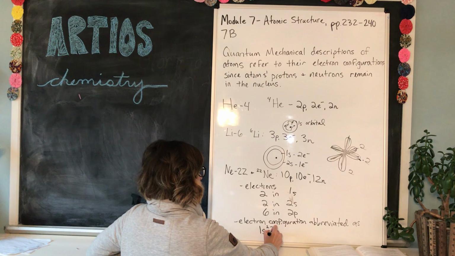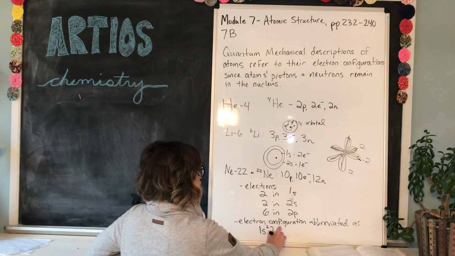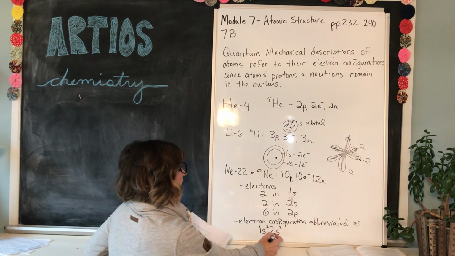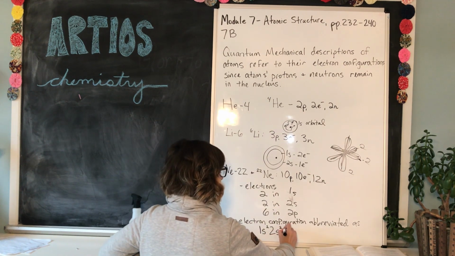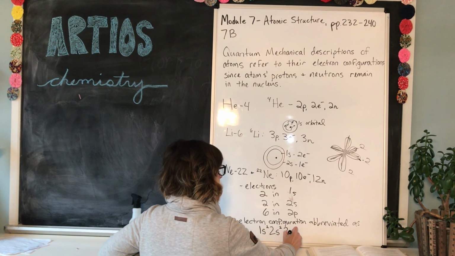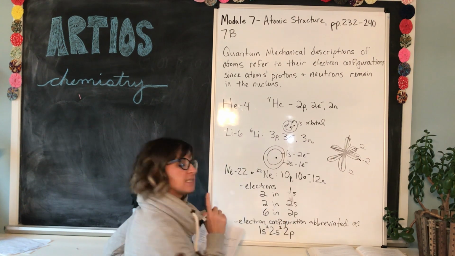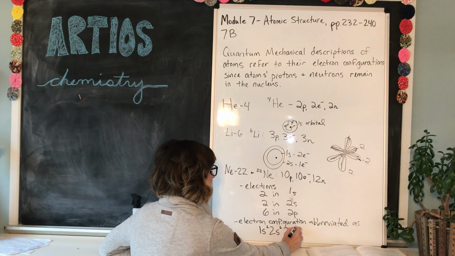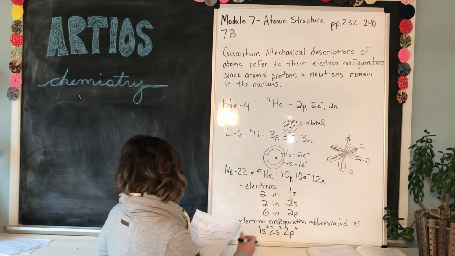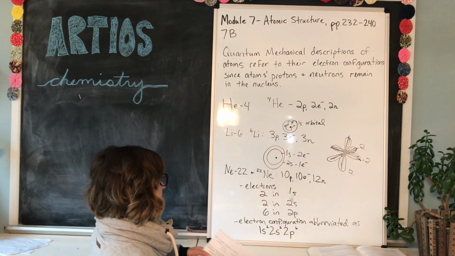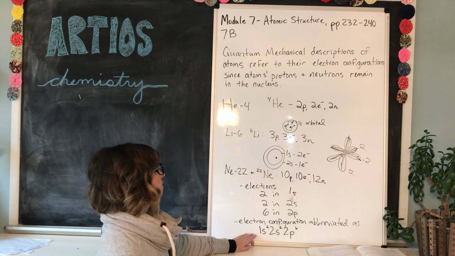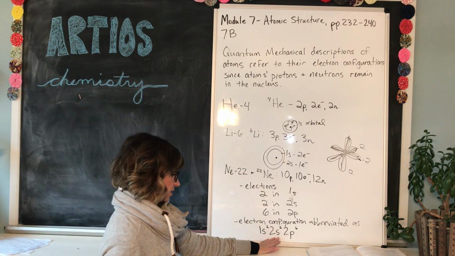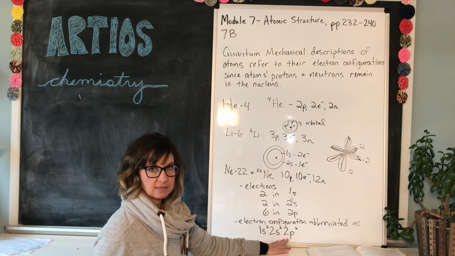Next up is the 2s orbital. 2s, and there are 2 electrons in there, so we put another 2. After 2s comes 2p. 2p, and there are 6 electrons in the 2p orbital, so we put a 6 up there. So the way that we would write the electron configuration for neon 22 is 1s2, 2s2, 2p6.